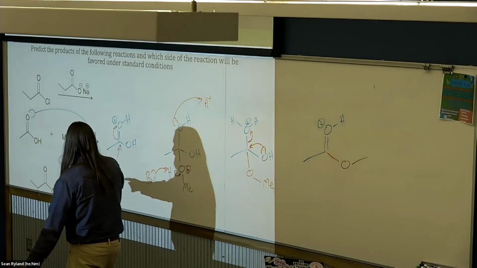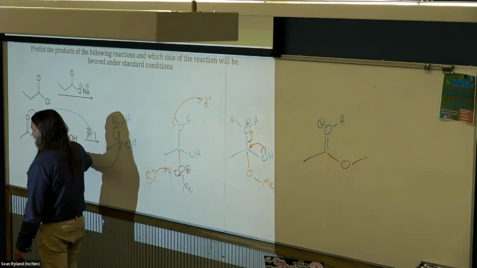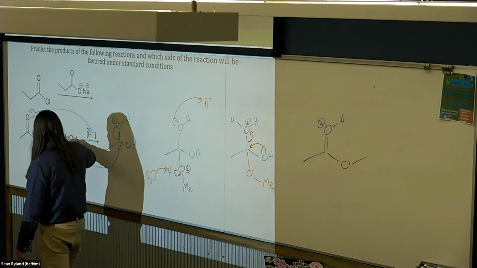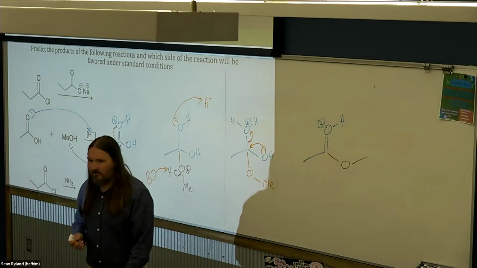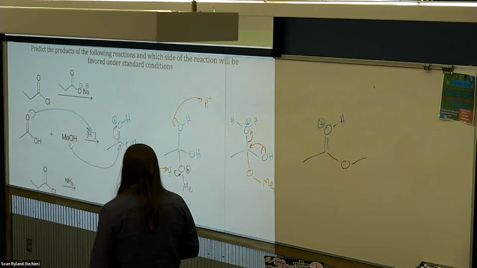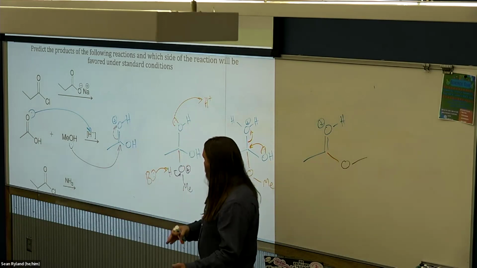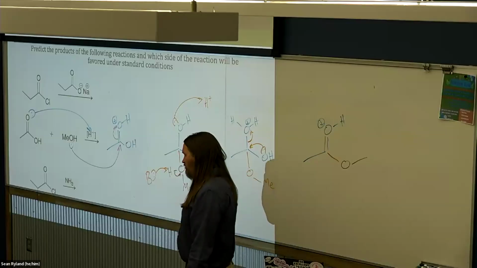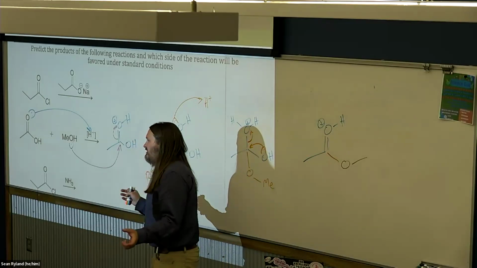If we're under basic conditions, it's not going to be the methanol that attacks; we'd have to start with deprotonation of methanol, because then you're only making negative charges. So just remember that rule: acidic conditions, you can only have positive charges. Basic conditions, you can only have negative charges. Both of them are fine with neutrals, obviously.